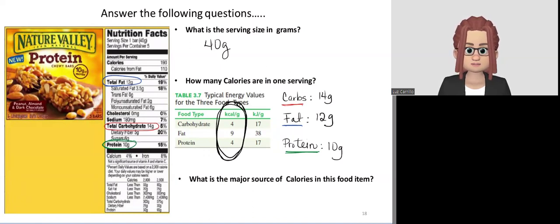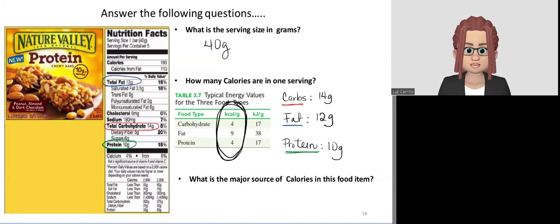Next, based on the values total that you find for just the carbs, just the fat, just the protein, determine what is the major source of calories, meaning it's either going to be the carbs or the fat or the protein.